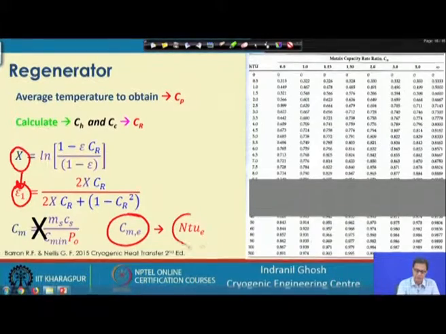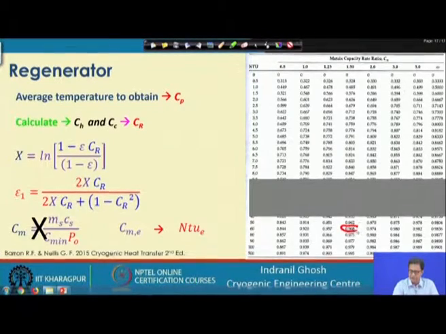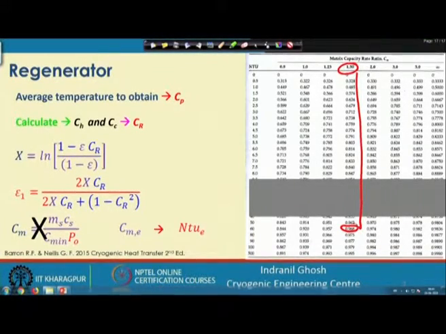So, we would be able to find out the equivalent NTU. For example, if we have obtained 0.968 and we have assumed a value of CME equal to 1.5, the corresponding NTU is 60.